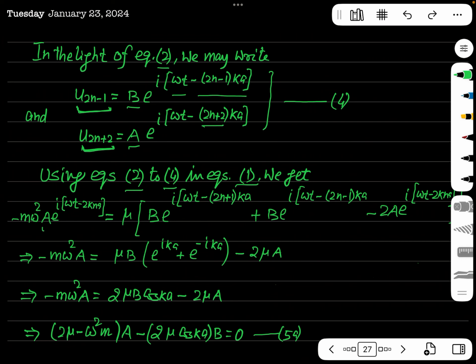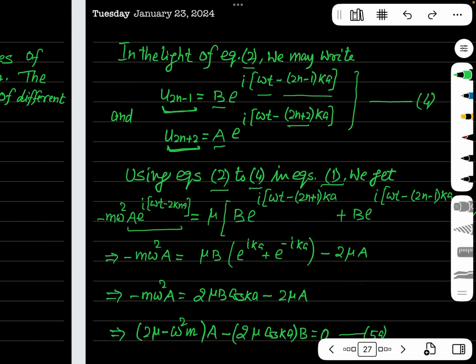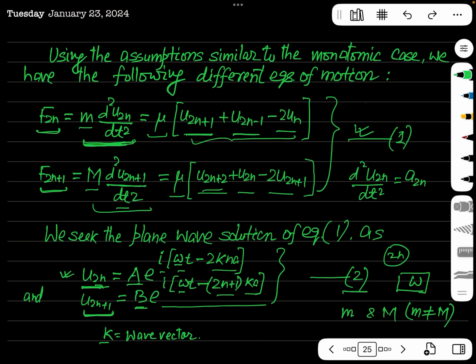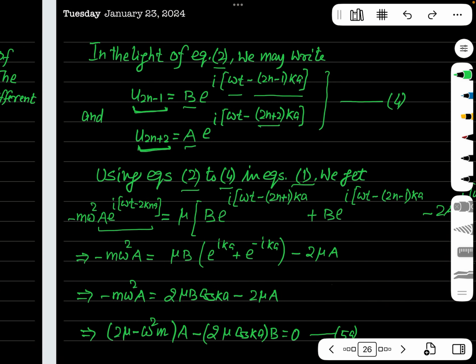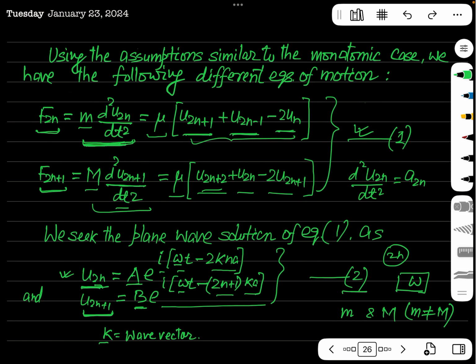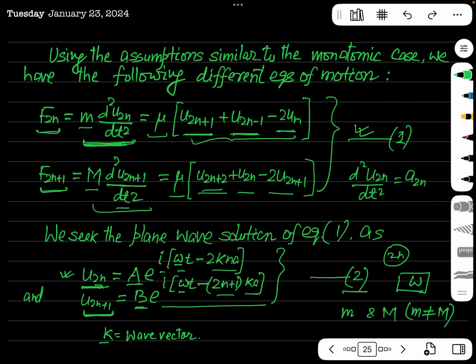But u2n is equal to a e to the power i(omega t minus 2kna). And in the RHS you can see there is mu times u2n plus 1 plus u2n minus 1 minus 2u2n.